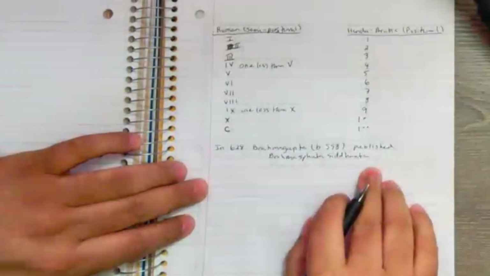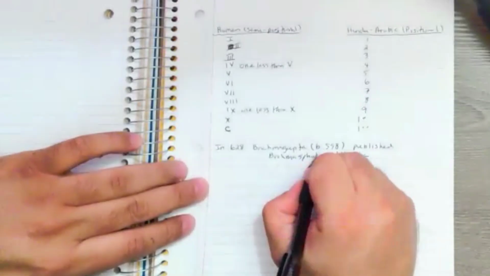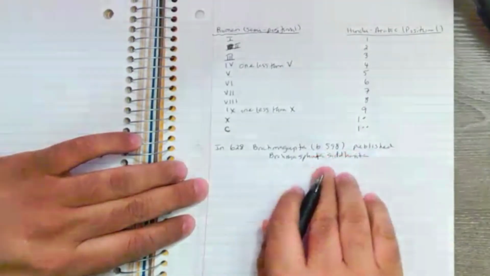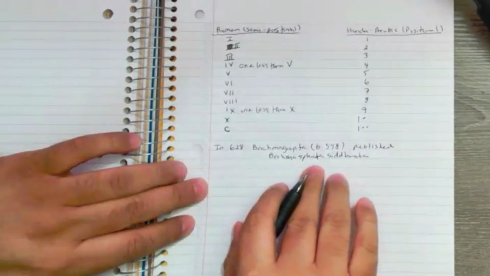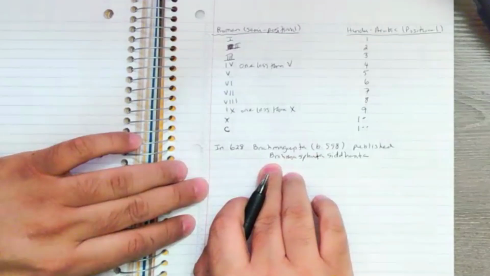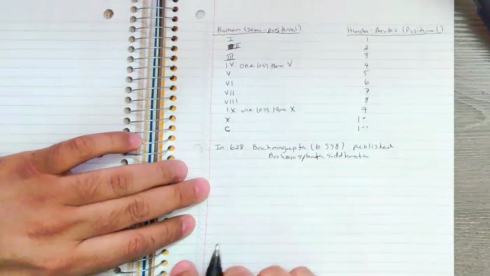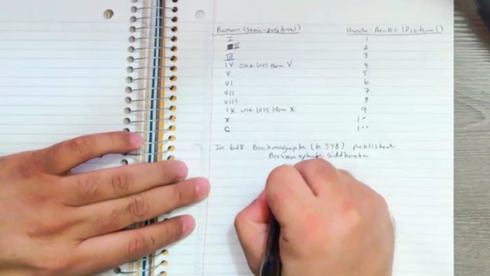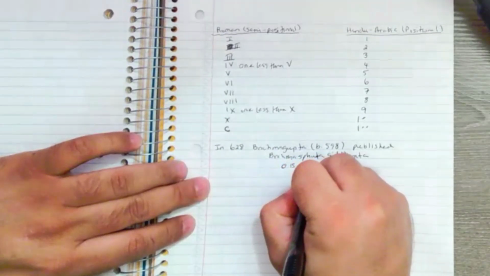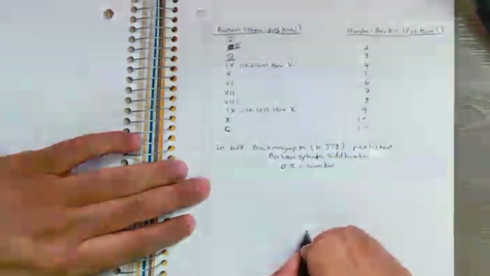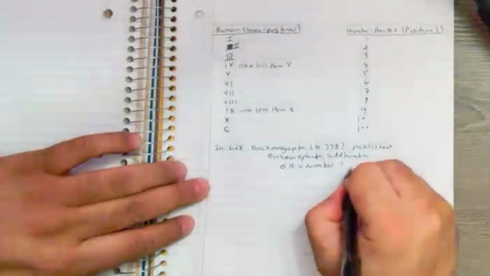Now, the Siddhantas were the traditional astronomical texts of the school of the Brahmas, and the word Sputa means accurate or corrected, and so this title basically means a corrected Siddhanta of the school of the Brahmas. And in this text, 0 is a number that can be used in arithmetic, and 0 is the number such that a plus 0 is the number a for every number a.